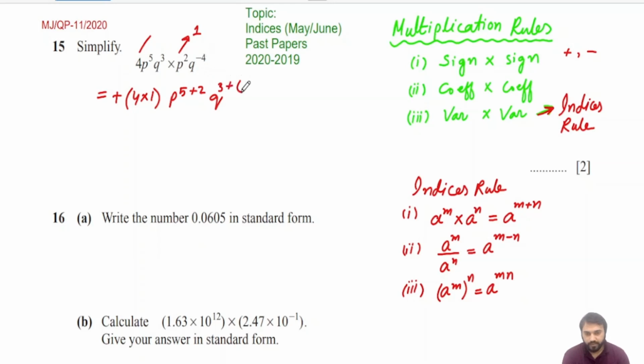Again we add the powers, we write our positive symbol and the power is minus 4. Just write it down. Now multiply it, 4 into 1, that makes 4, and p raised to power 5 plus 2, that is equal to 7, and q raised to power 3 plus minus 4, that can be written as 3 minus 4, which is equal to minus 1. So the power of q is minus 1.